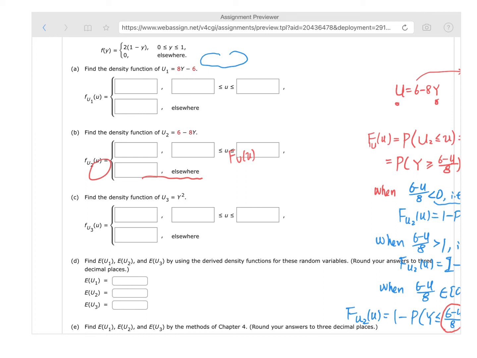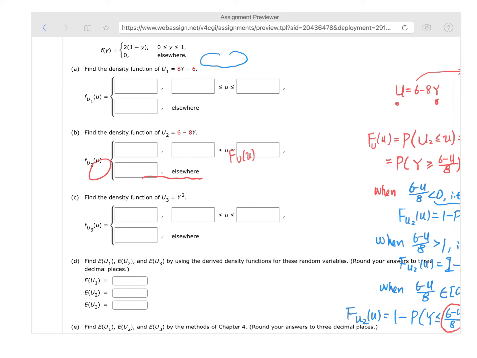This is the PDF, 1 minus the integral of 2 times (1 minus y) dy, and this is equal to 1 minus, let's find the antiderivative, which is 2y minus y squared, evaluated from 0 to (6 minus u) over 8. Now plug in the upper limit, which is 2 times (6 minus u) over 8 minus ((6 minus u) over 8) squared.